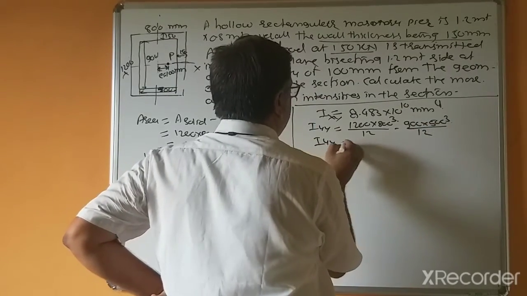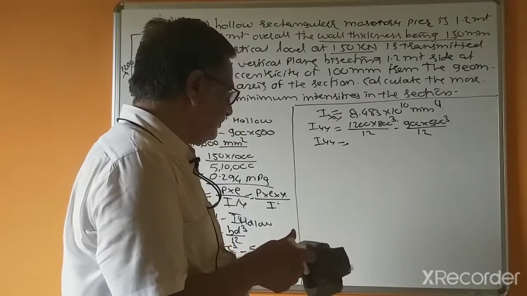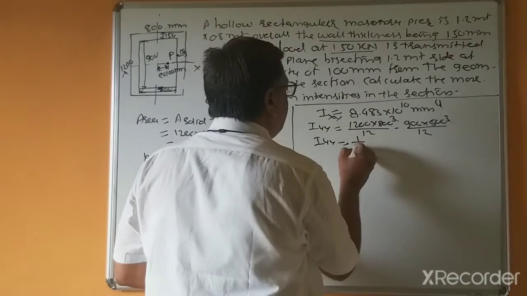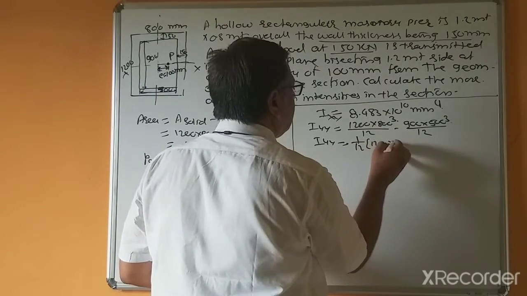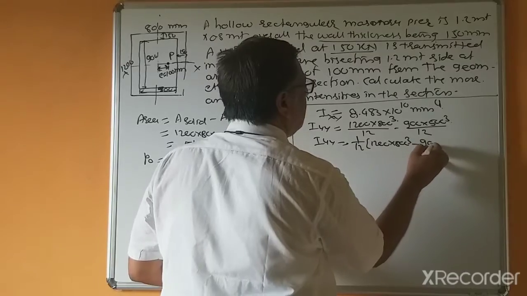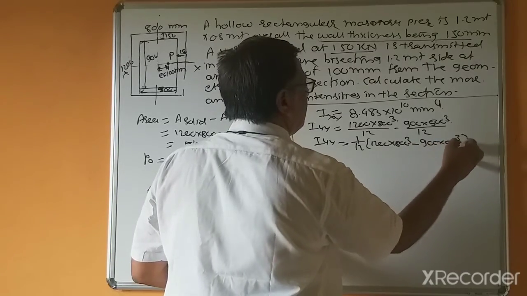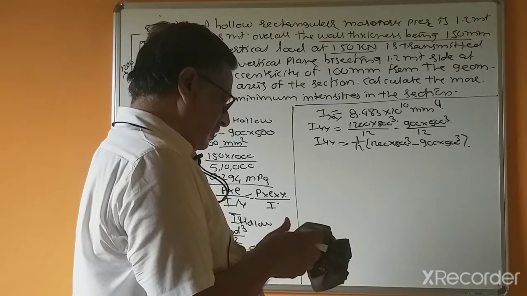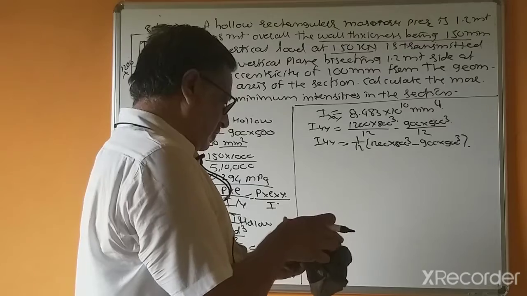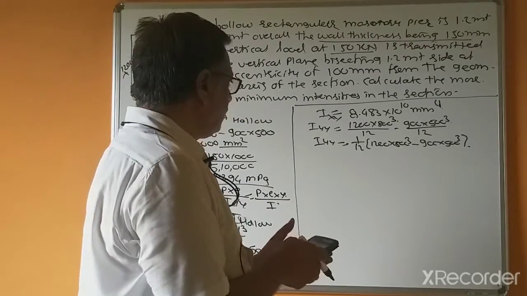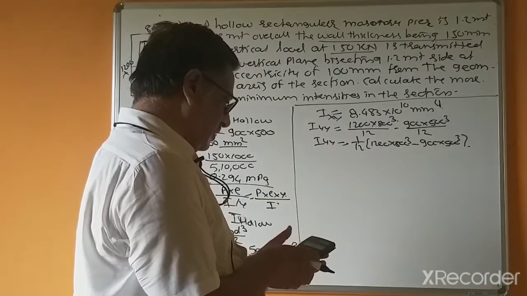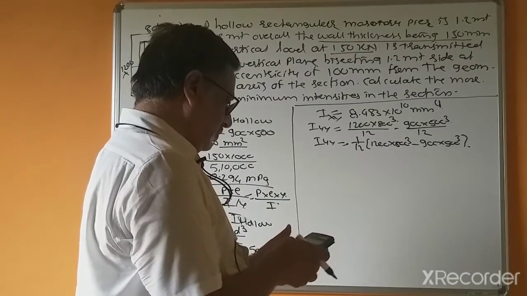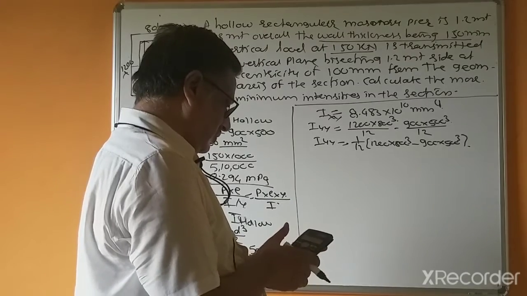This is the moment of inertia about the y axis. Taking 1 divided by 12 common: 900 multiplied by 800 cube minus 900 multiplied by 500 cube, divided by 12.